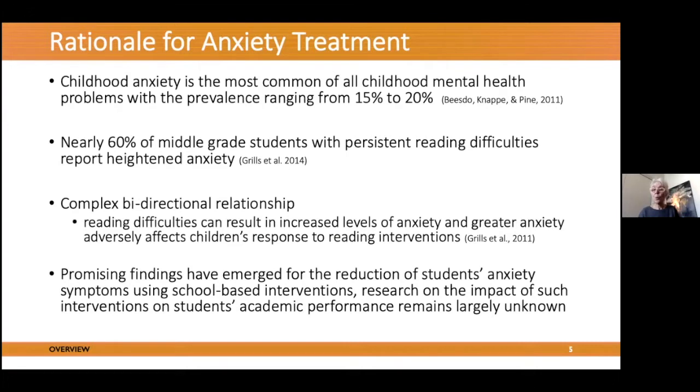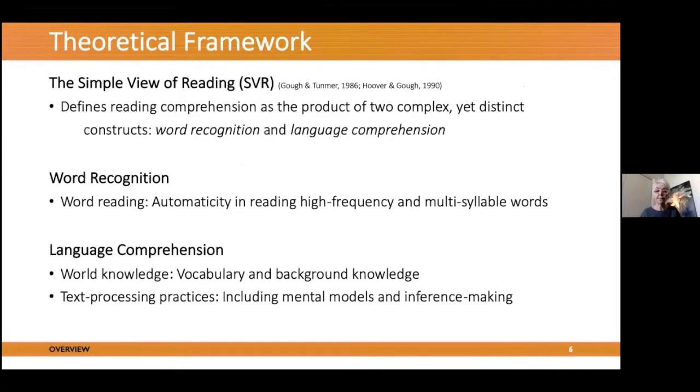What we hypothesize in this study is that there is a bidirectional relationship between reading difficulties and anxiety, such that as students demonstrate reading problems, their anxiety increases, but also those students who have anxiety problems, the cognitive processing associated with those anxiety problems interferes with reading success in a way to have an effect on reading difficulties.